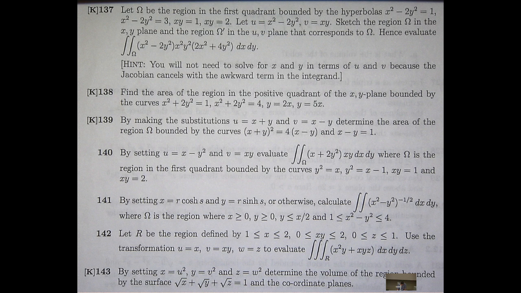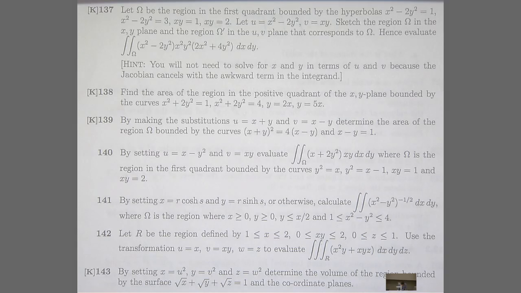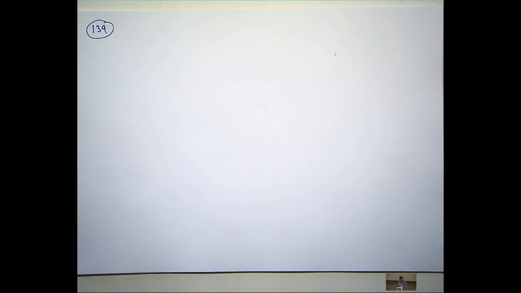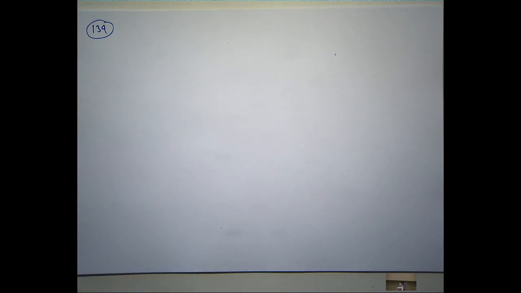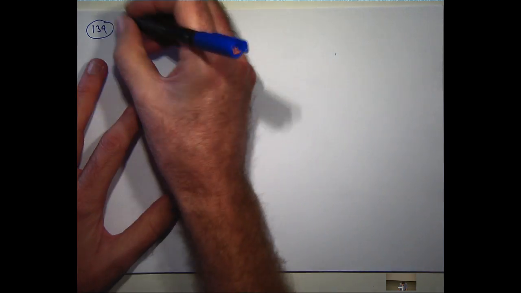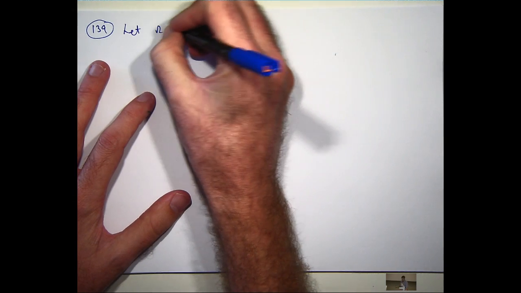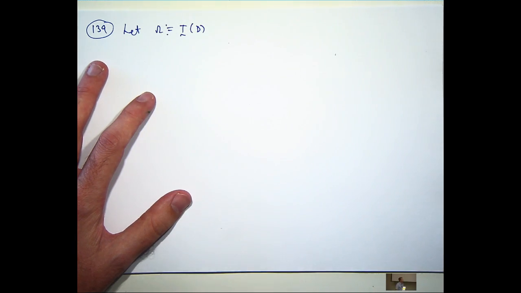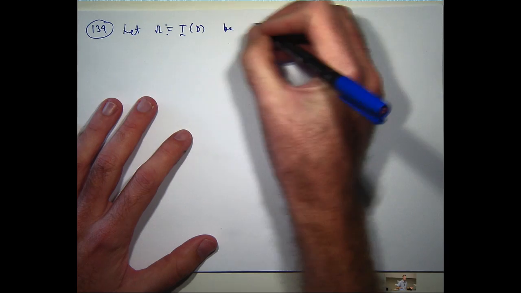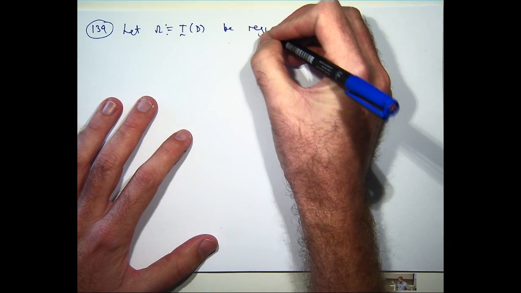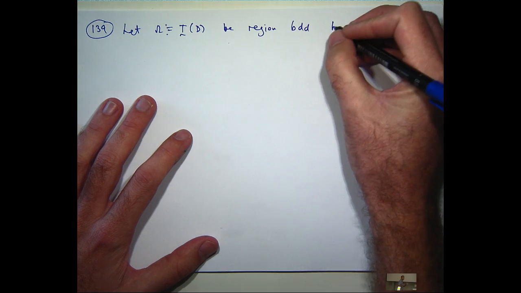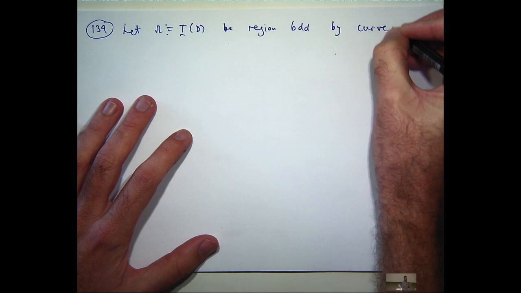Okay, so I'll come back to this in a minute when I need it. All right, so to use the same notation as was on the previous slide, I'm going to let omega just be this. And the question tells us that this region is bounded by the following curves.